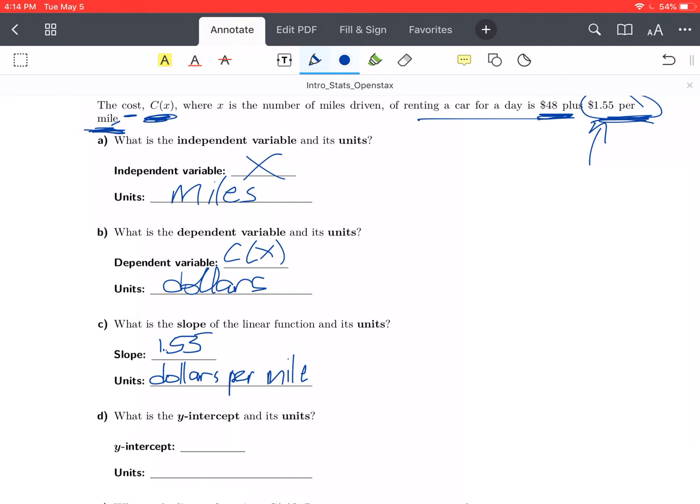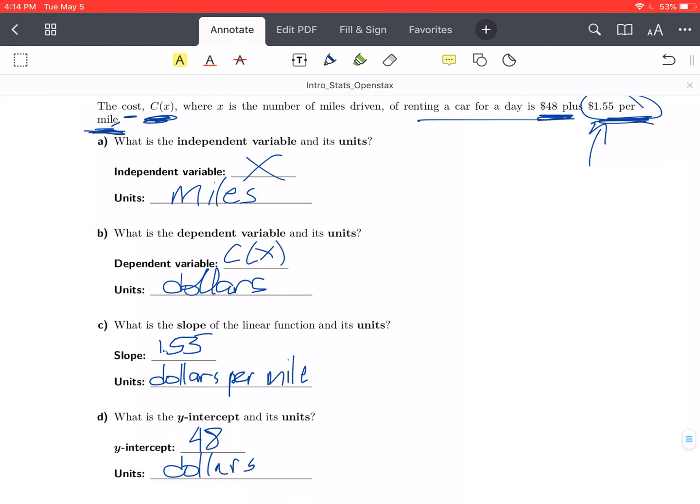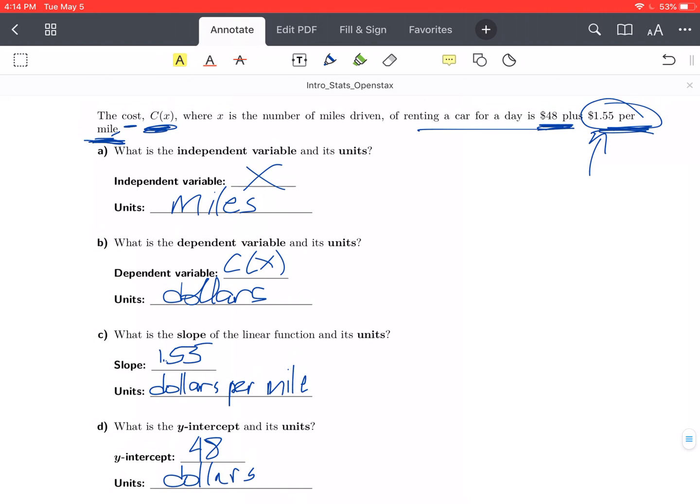But that initial cost is our y-intercept. So our y-intercept is 48. And the units on that are just dollars, because it's just a dollar amount. This tells us that if we drove 0 miles on the car, we would spend $48 plus 0 times 1.55.